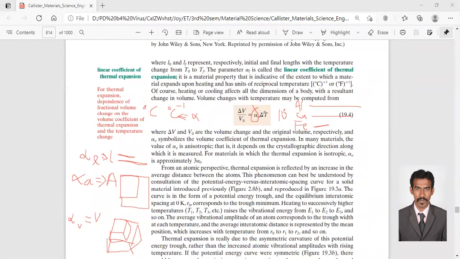If it is the area coefficient, then delta A upon A naught will be equal to alpha A into delta T. That A indicates the area, right?